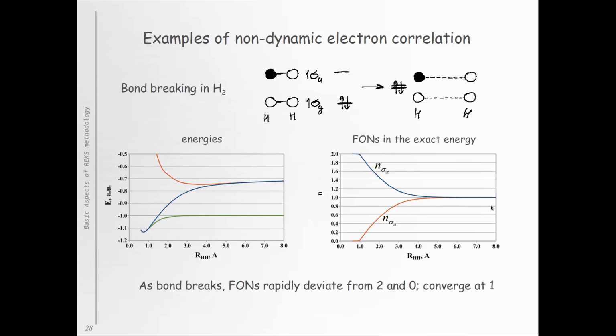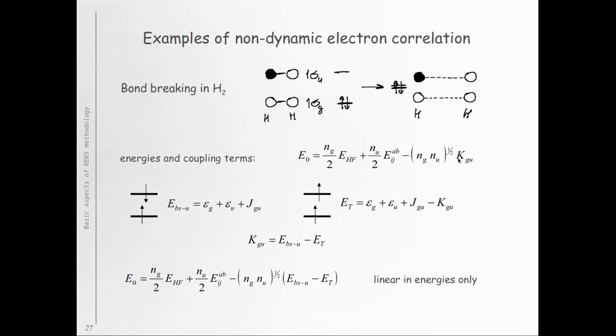I need them to obtain the exchange integral, right? And in fact, I can obtain these two parameters, Ng and Nu. I can treat them as variational parameters, fractional occupation numbers.